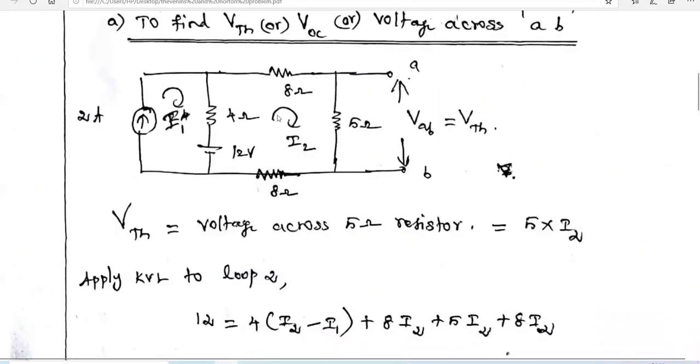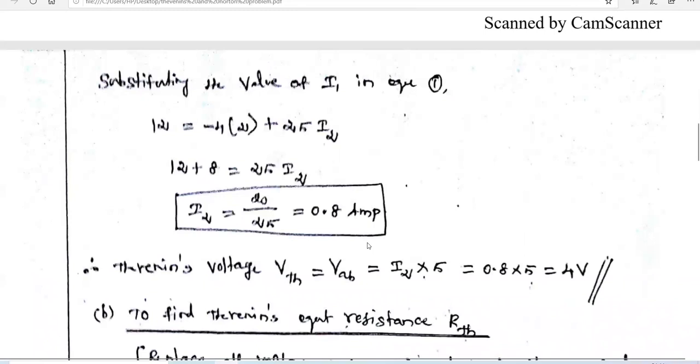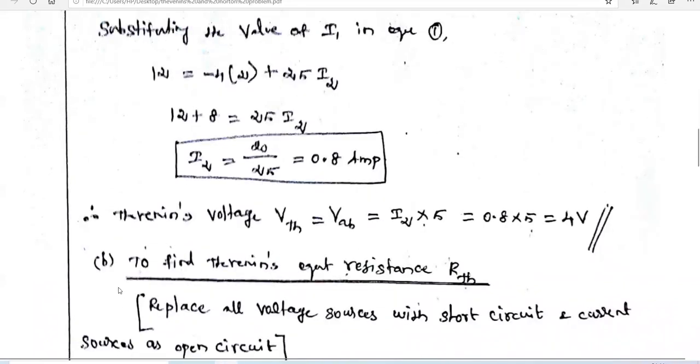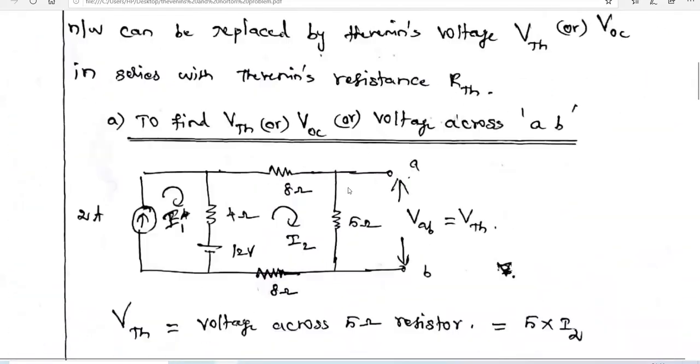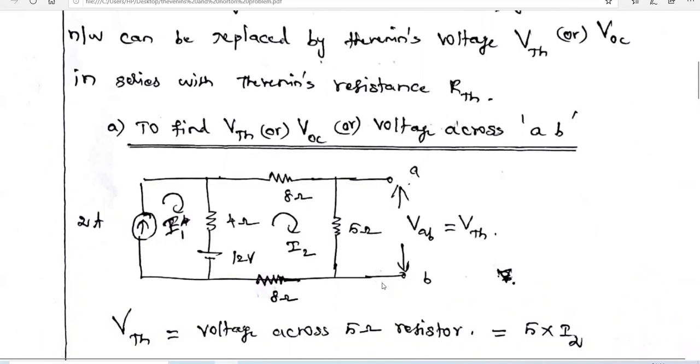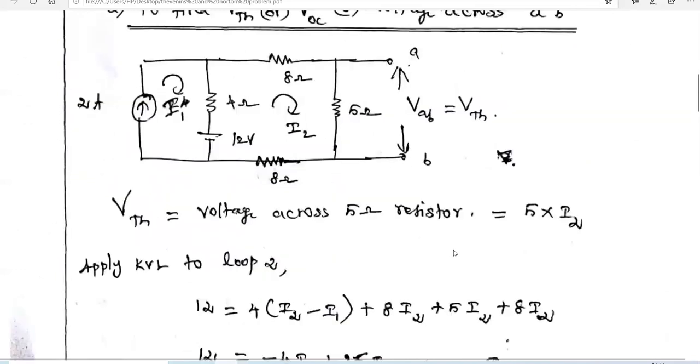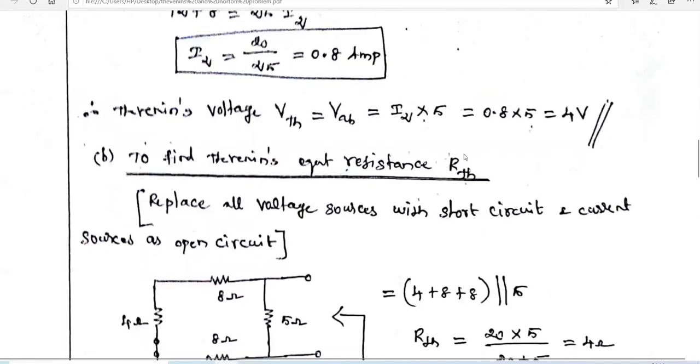The current flowing through the second loop is I2, which we calculated. What is our aim? Our aim is to find Thevenin's voltage, which is nothing but the open circuit voltage across the terminals A and B. In the diagram, A is connected here and B is here, so the voltage across this 5 ohm resistor is VAB.